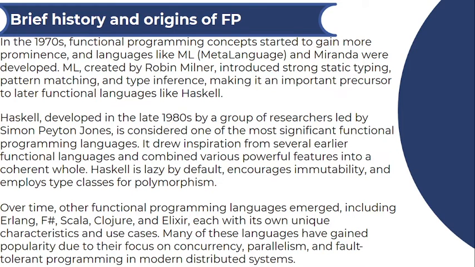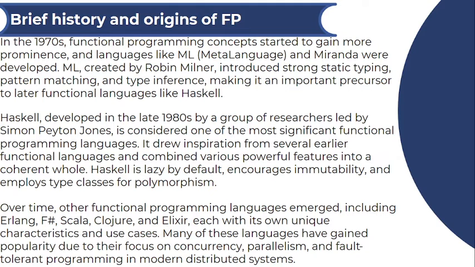Haskell, developed in the late 1980s by a group of researchers led by Simon Peyton Jones, is considered one of the most significant functional programming languages. It drew inspiration from several earlier functional languages and combined various powerful features into a coherent whole. Haskell is lazy by default, encourages immutability, and employs type classes for polymorphism.